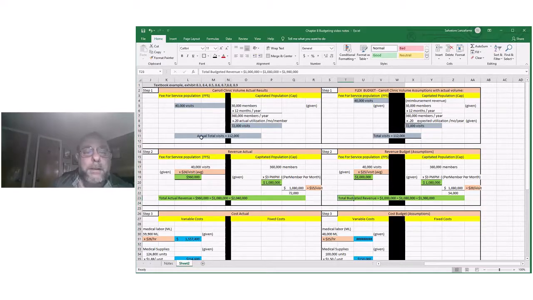I didn't realize I had that mistake in there. Let me fix it here as well. This should be plus. And this should be plus. So now when we add $1 million to $1,080,000, we get $2,080,000.